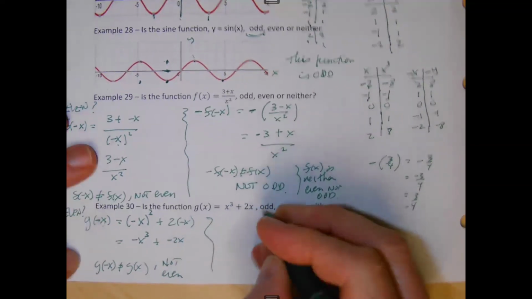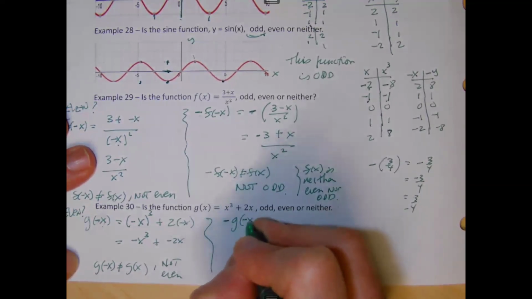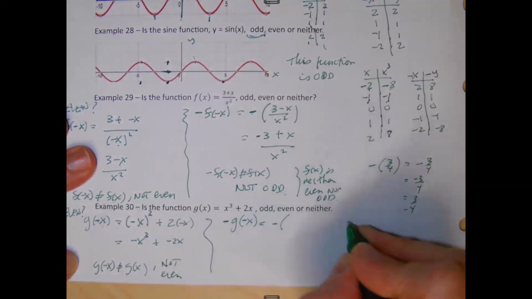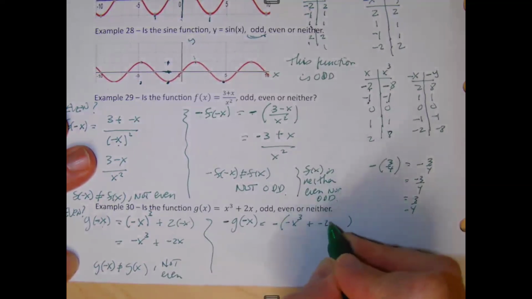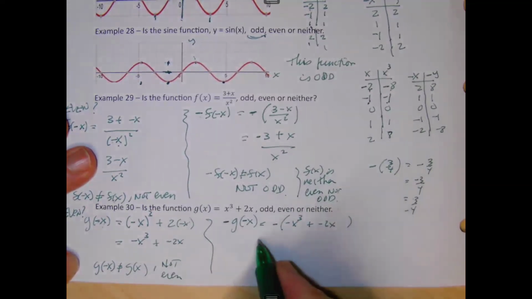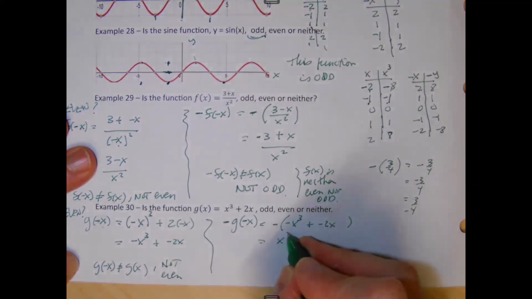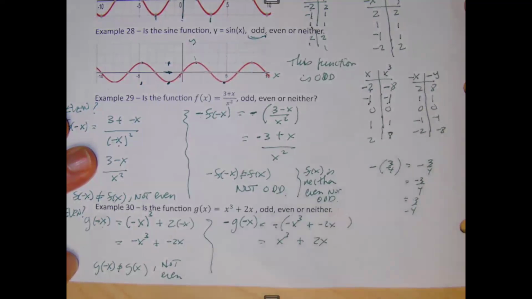Now, is it odd? So again, using my little convention, I'm going to take this result and just take the opposite of it. So I'm going to come over here and take the opposite of the result I just got. So now when I do that, I start to distribute this opposite operation. The opposite of the opposite is just this, plus the opposite of negative 2 is positive 2.